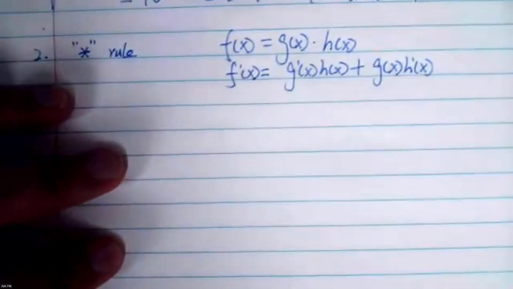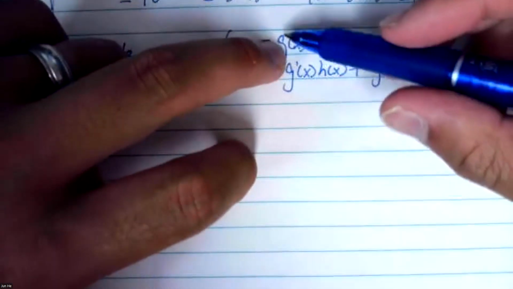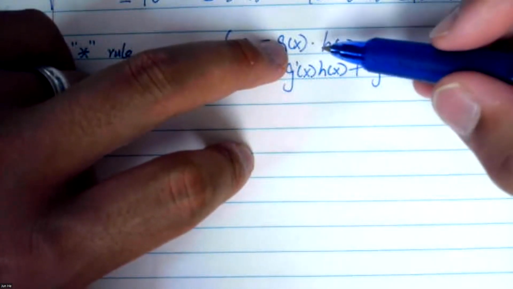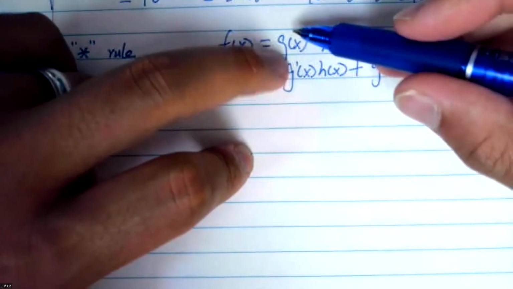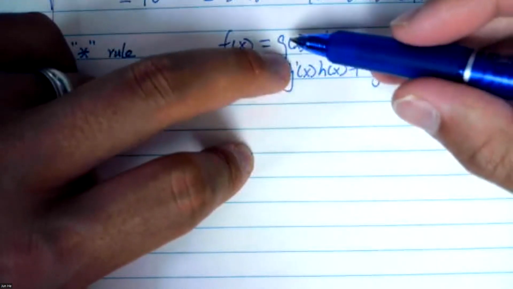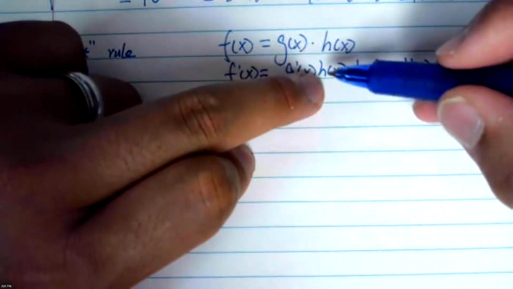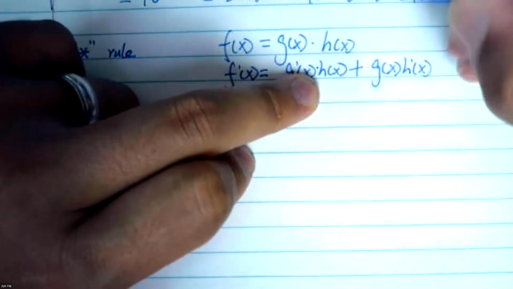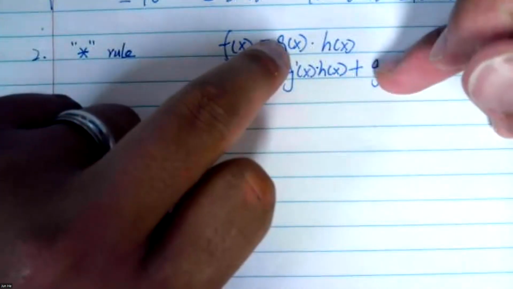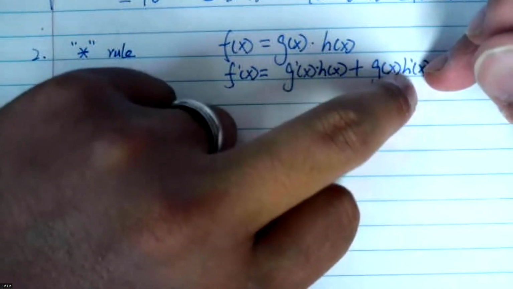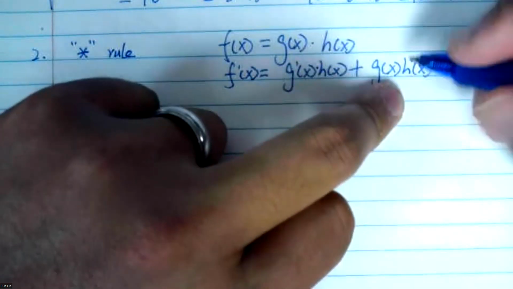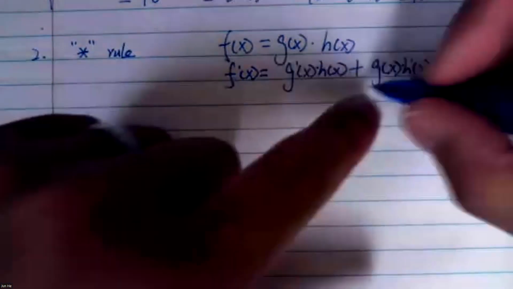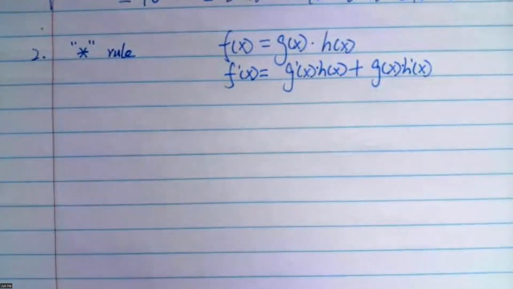What you are doing here is applying the derivative to one of the two multipliers, right? So apply the derivative to the first multiplier, keep the original form of the second, keep the multiplication, okay? And then keep the first one as the original, apply the derivative to the second multiplier, keep the multiplication. And these two parts should be added together.